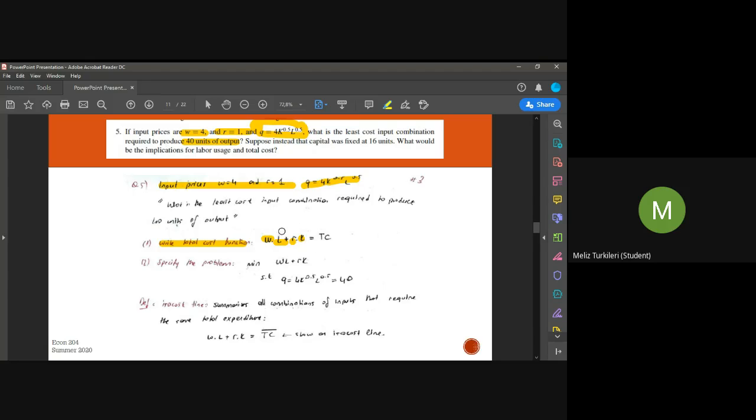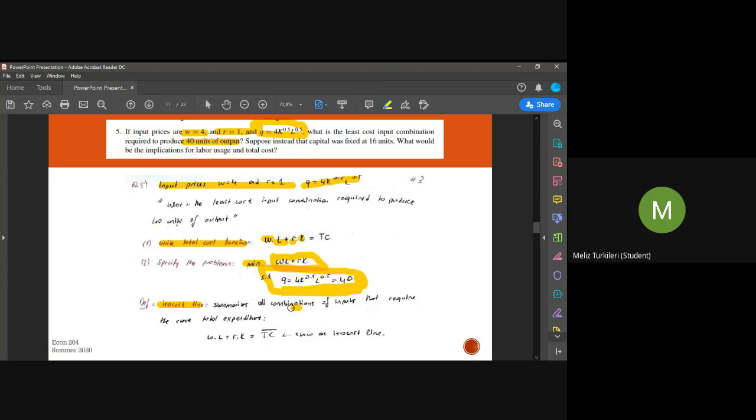This is the formalization of the total cost. And then specify the problem. We want to find the minimum of this total cost, subject to this production level. Okay, so it's going to be our constraint for this problem.